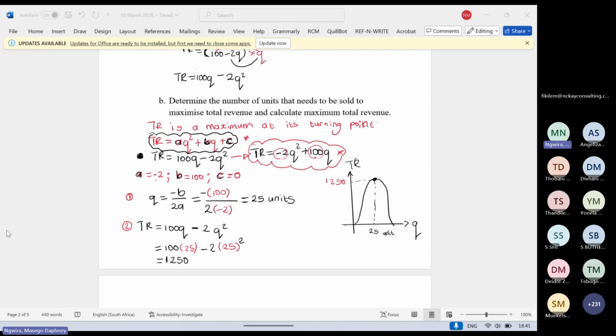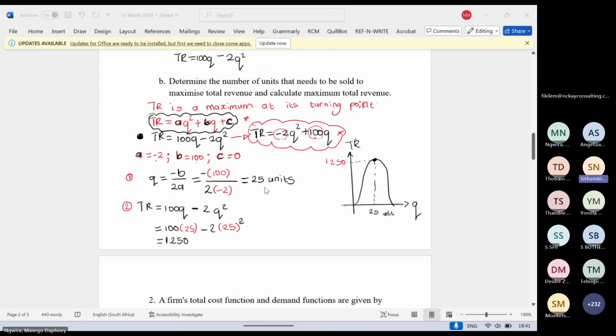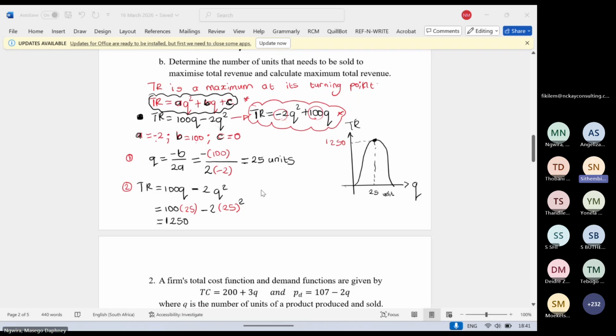Now we are asking questions based on B only because I have to continue with the examples. Yes, you can ask. Please kindly repeat that, ma'am. TR is total revenue, yes.